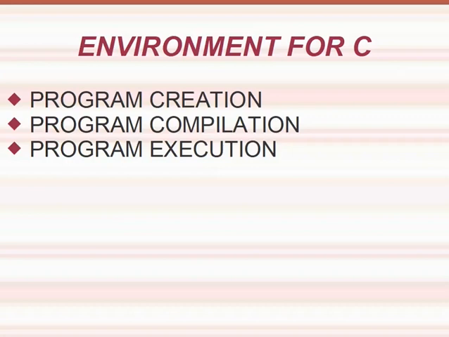Program execution: after completing compilation, you will obtain a file which will show you output. To execute that file, program execution is done. After doing this, your output will appear here.